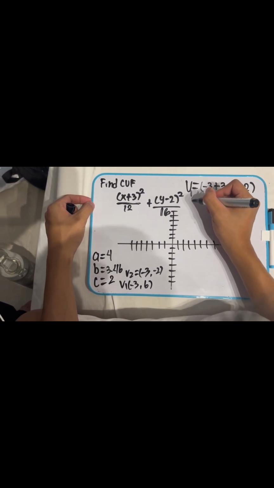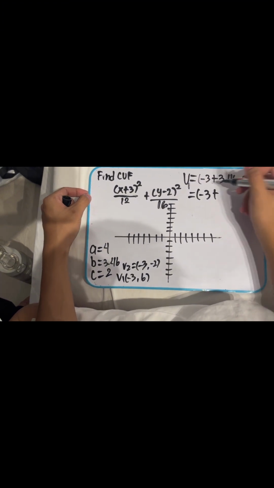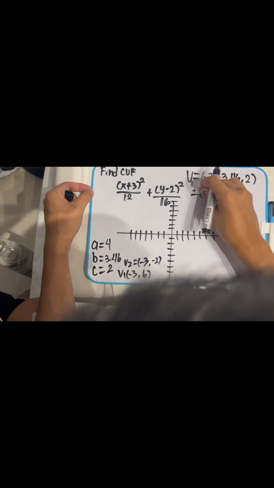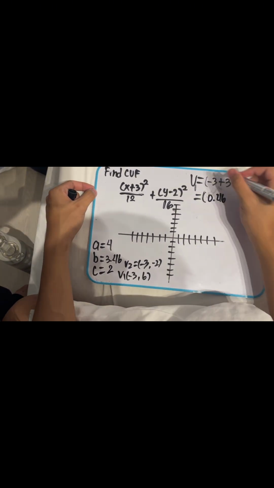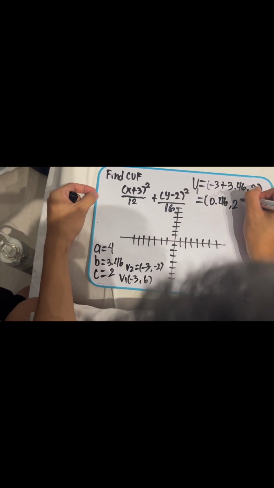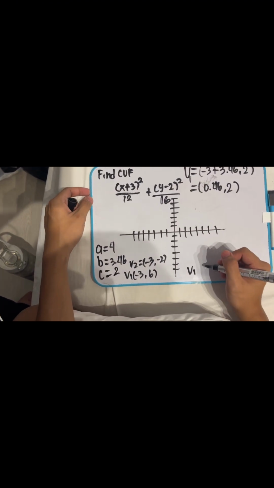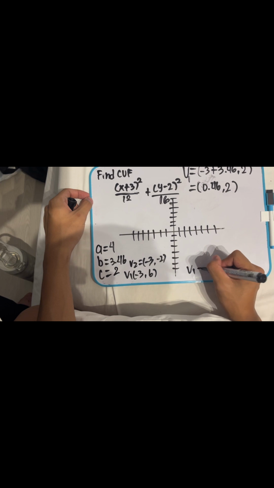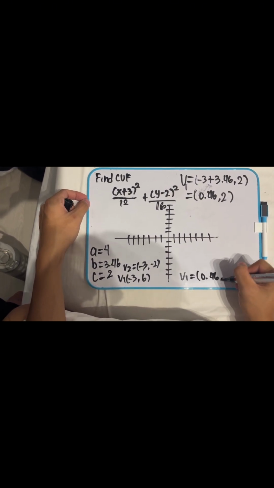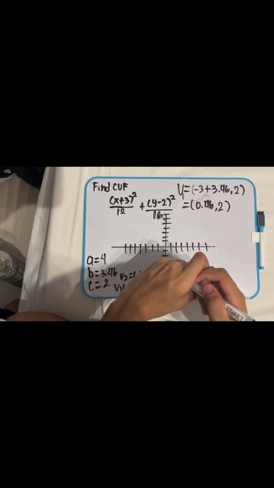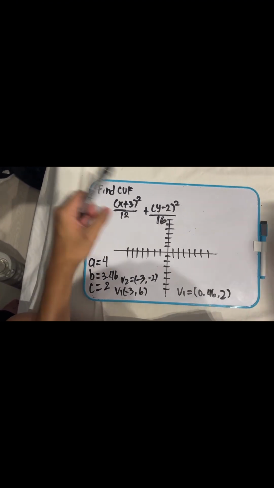So let's get back to the first one. Negative 3 plus 3.46 is going to be 0.46, cancel out the 3's, then 2. That's our first value, 0.46 and 2. Let's get the second value.